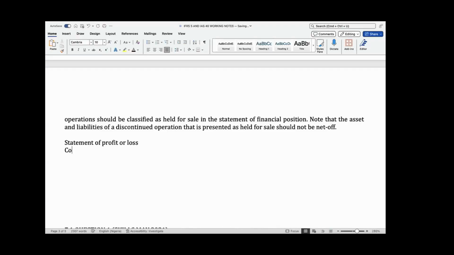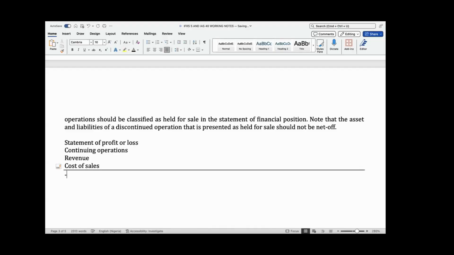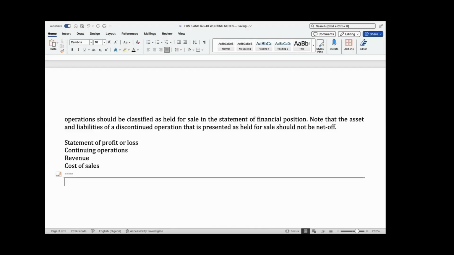So that means that in the statement of profit or loss, you then have something like this. You have continuing operations. You have your revenue, cost of sales, like that. Then you now have another one after your profit for the year.